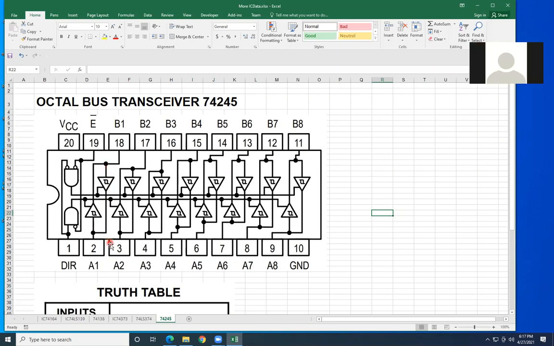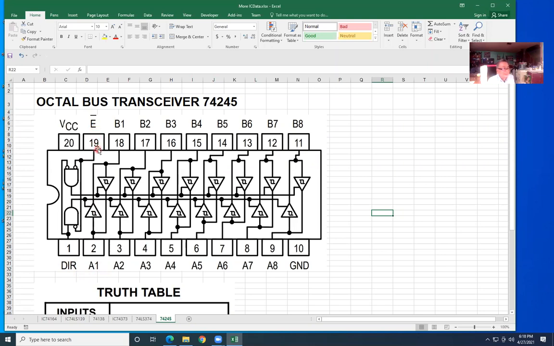And the direction is controlled by pin 1 and pin 19. First thing, pin 1 is DIR, meaning direction. You want to go this way, or you want to go this way? Then you set pin 1. Pin 1 is 1, they go this way. 0, they go the other way. That's what they are talking about, direction. And pin 19 means enable.